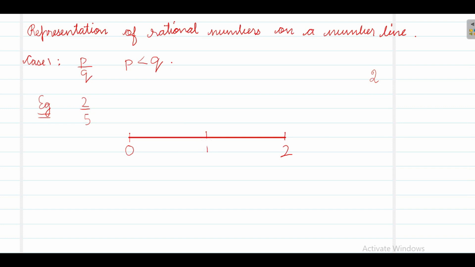Okay, so now 2 by 5. What does 2 by 5 represent? 2 by 5 actually represents 2 parts out of 5. Right? It represents 2 parts out of 5. So now what I'm going to do is I'm going to divide this distance from 0 to 1 into 5 equal parts.